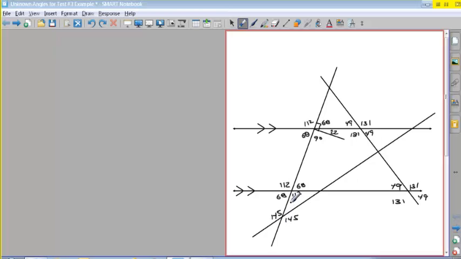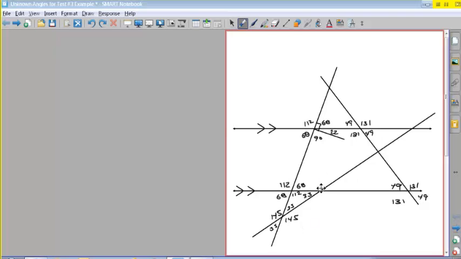So you take 180, subtract 145, you get 35 degrees. So this one's 35, this is 35 because they're vertical angles. Now, we can finish out this triangle here, because I know this is 112, this is 35, so if I subtract 35 from 180, and then I subtract 112 more, I get that this angle is 33 degrees.